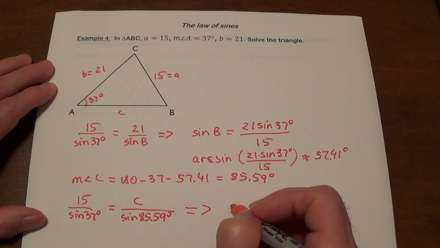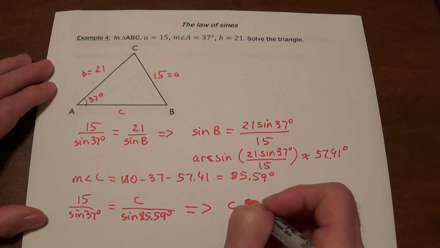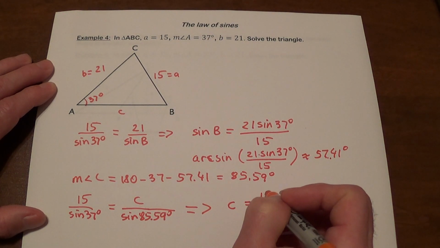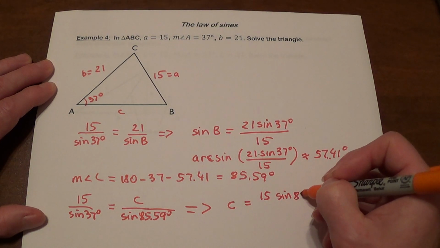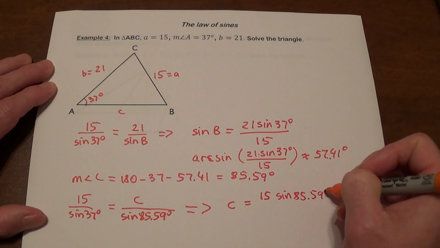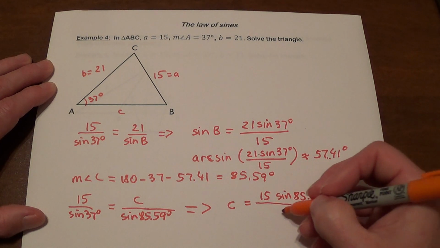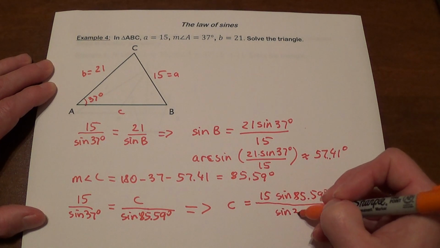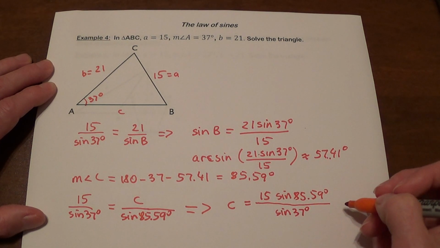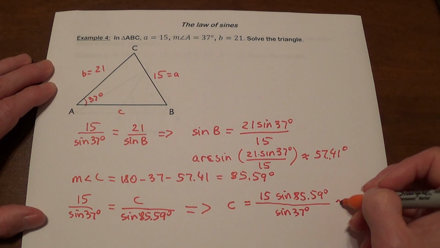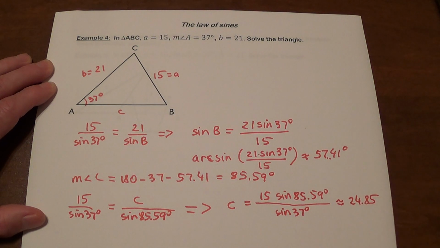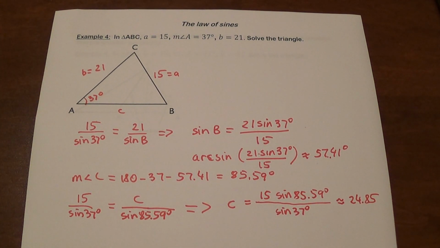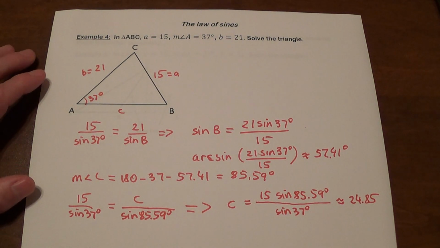From here we can write that C is going to equal 15 times sine 85.59 degrees divided by sine 37 degrees. And the calculator will tell you that this is approximately 24.85. So we found all our dimensions. But here is a problem.